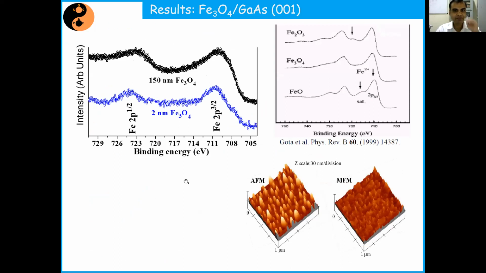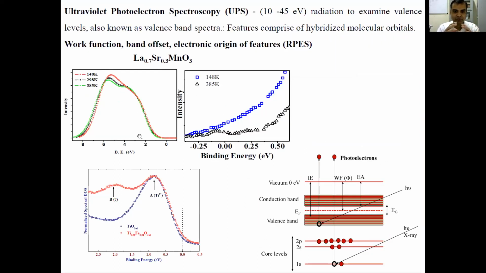In the valence band, since most of the outermost electrons participate in hybridized states, we cannot easily identify whether the ejected electron arises from lanthanum, strontium, manganese or oxygen. Those distinctions we cannot make as we could in X-ray photoelectron spectroscopy.